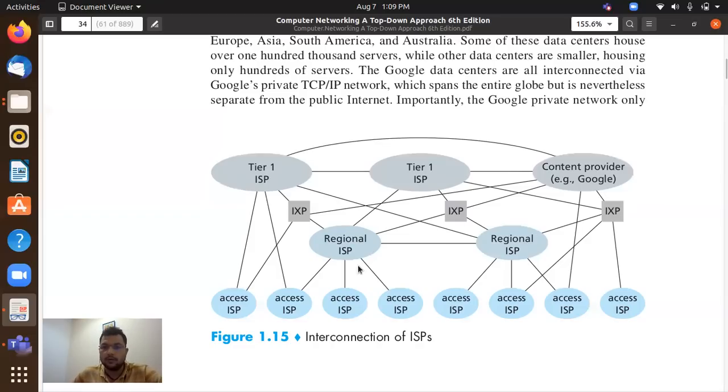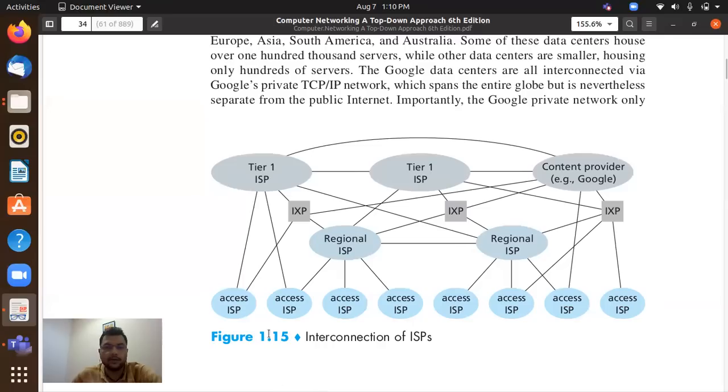Then there comes one more concept: because between these tier 1 ISPs and regional ISPs there is a customer-based relationship, they are charging based on the volume of traffic which is passing through these tier 1 ISPs. So suppose someone down here is directly connected to this access ISP and wants to have a connection with someone who is sitting here, connected to this other access ISP.